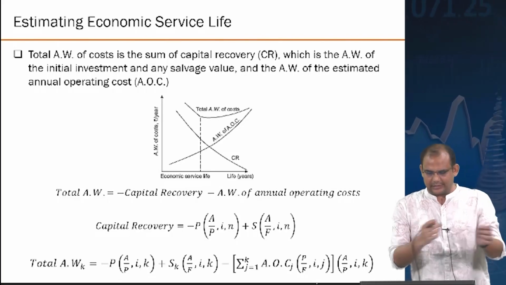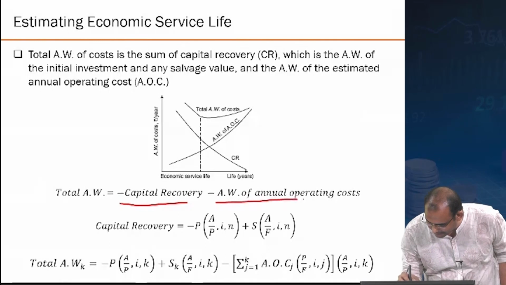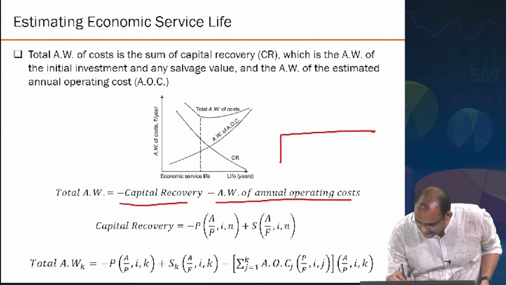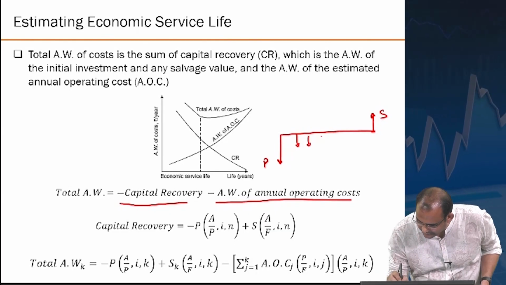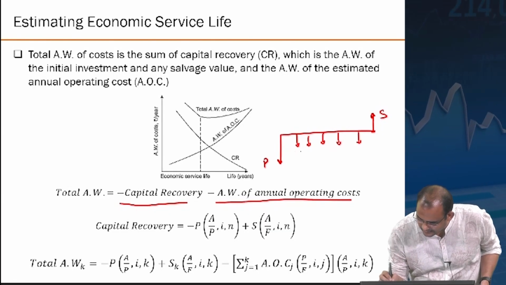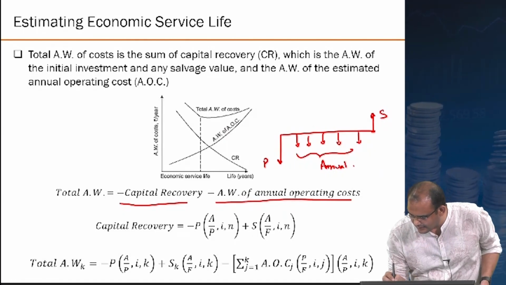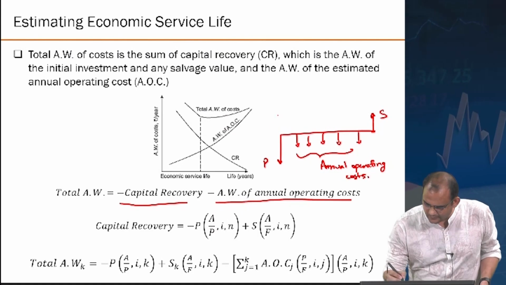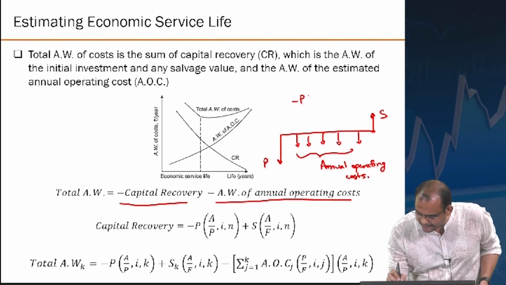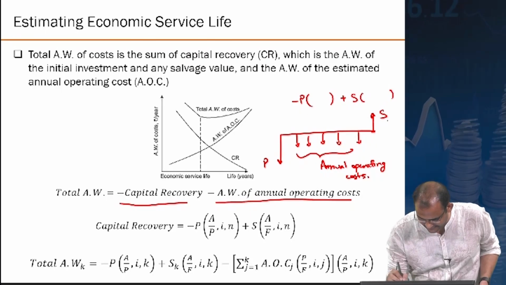So, the total annual worth can be represented like this. You can see the general cash flow series that we have seen previously. These are annual operating costs, right? This minus P distributed over the entire series, and the S distributed over the entire series.